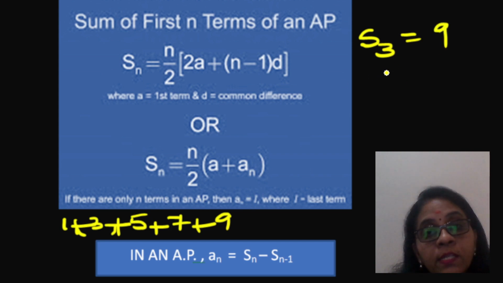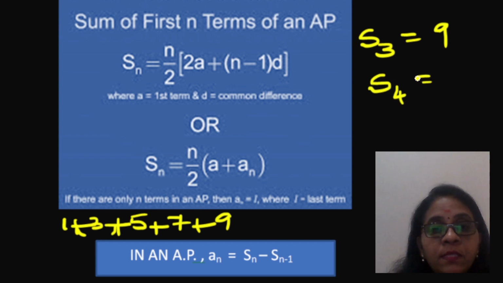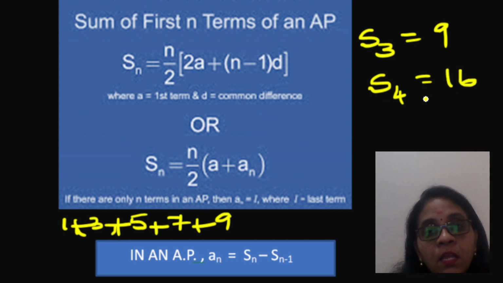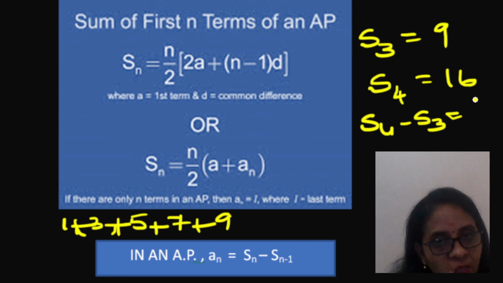If I ask what is the sum of the first 4 terms of this AP, what is it? 1 plus 3 plus 5 plus 7, 7 plus 3 is 10, 5 plus 1 is 6, so it is 16. Now tell me what is the value of S4 minus S3? It is 16 minus 9, and 16 minus 9 is what?